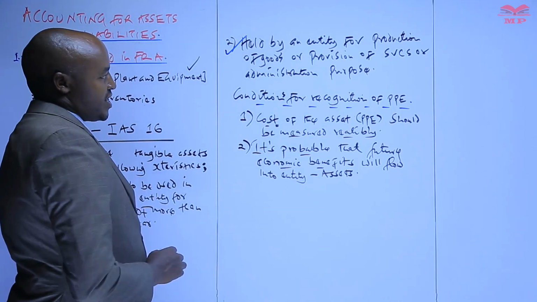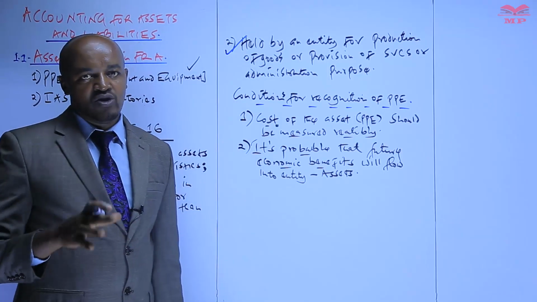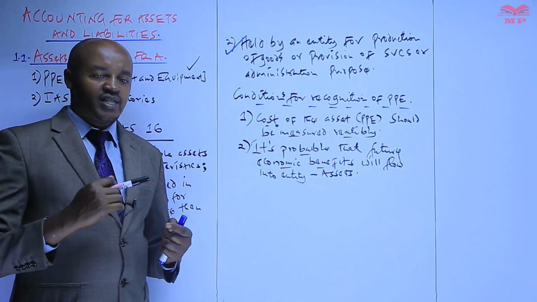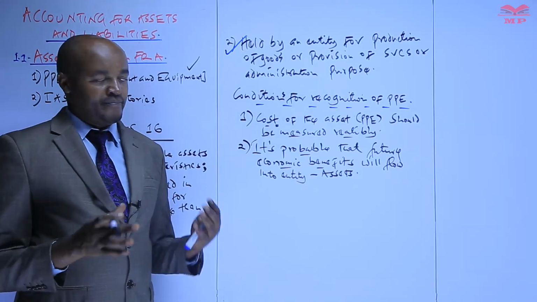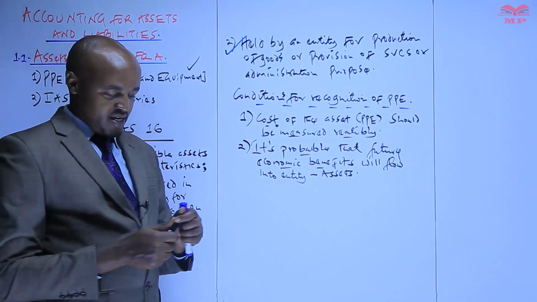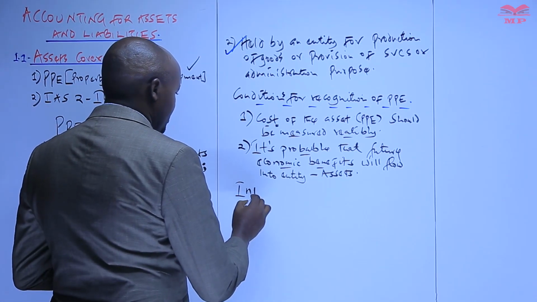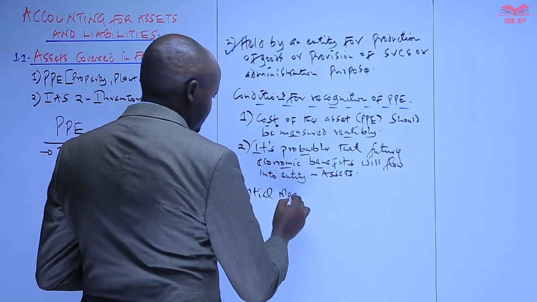So how are these items of PPE measured? In this case, we're going to look at something called the initial measurement. Once the company acquires an item of PPE, that asset should be recorded in the company's books of account at which cost, and also we look at something called the subsequent measurement. So therefore, let's start with the initial measurement.